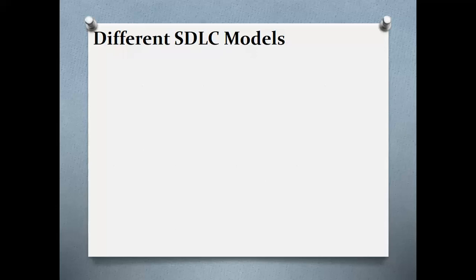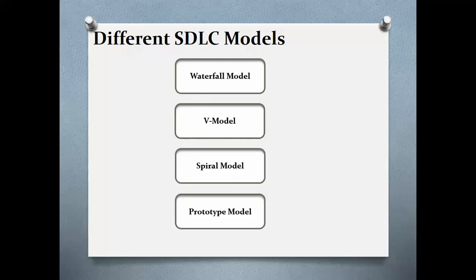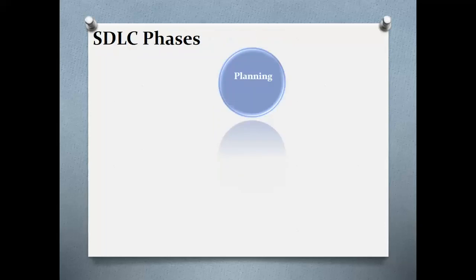Thus, alternate SDLC models were created and implemented depending on the requirements of these projects. These models include the waterfall model, V model, spiral model, prototype model, and more. Now let us start looking at each of the phases of the SDLC.